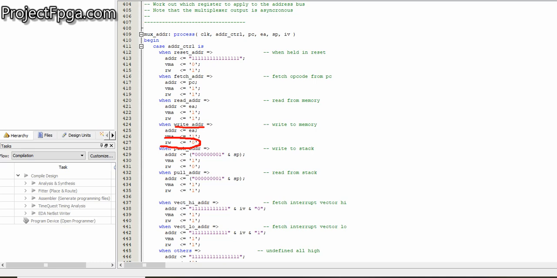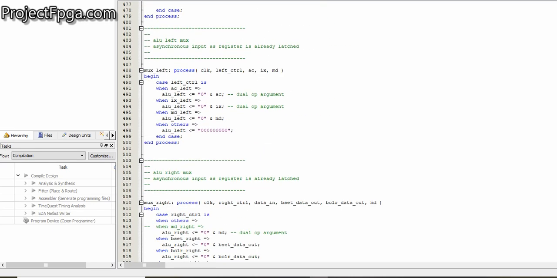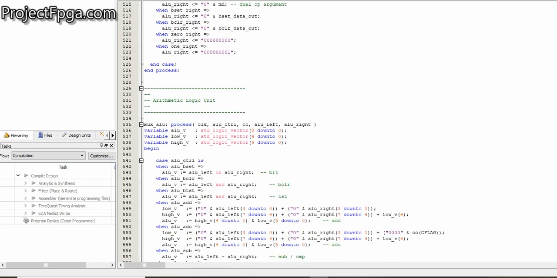Here the read write is 0, while here the read write is 1. But the VMA, the valid memory address, is always 1. It indicates that yes, it's actually writing or reading from a valid memory.